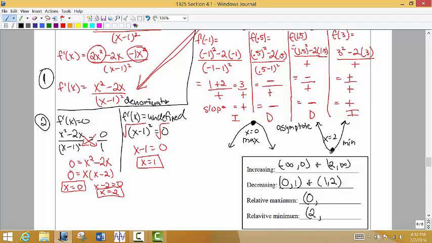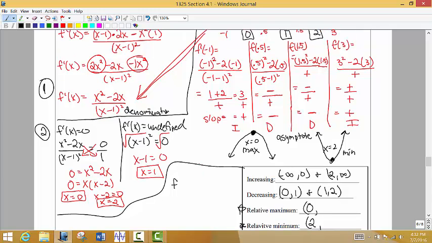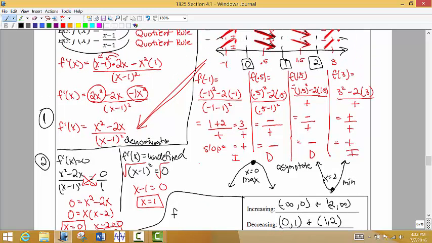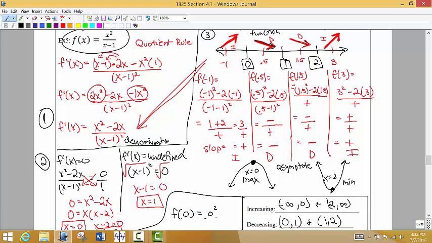And we can find those y values really simply and easily. And remember that when we find these two, we plug into the original function. So this one's actually going to be really nice. The original function is super easy. Plug in a 0. That's 0 squared divided by 0 minus 1. We end up with 0 divided by minus 1, which is 0.